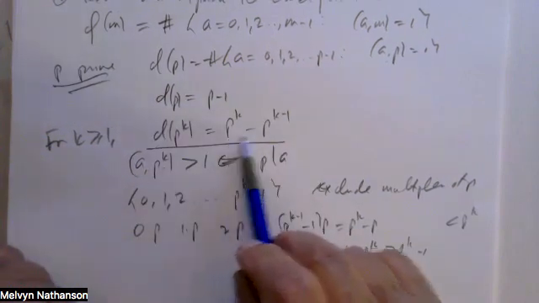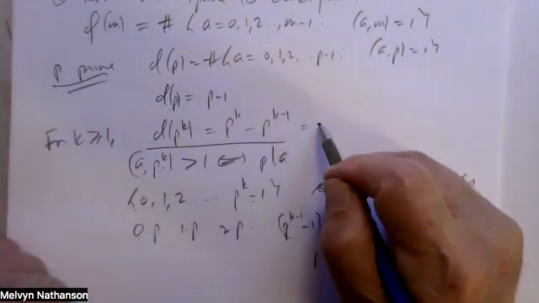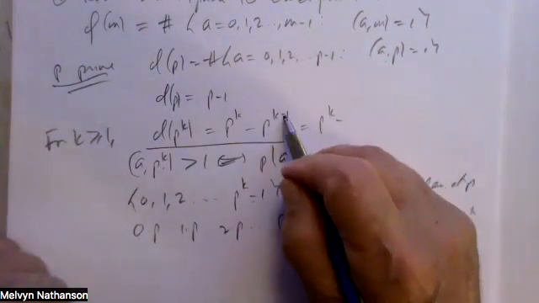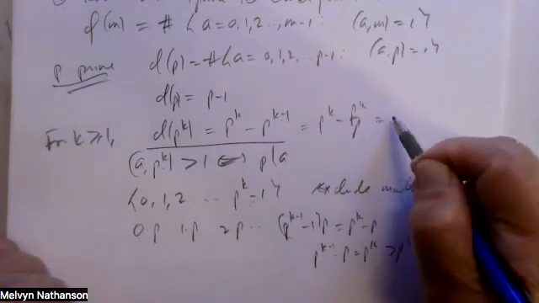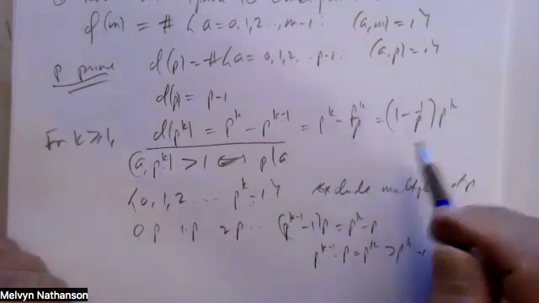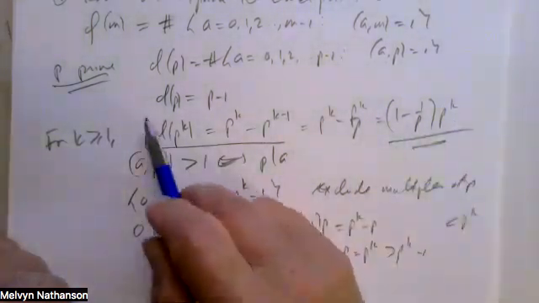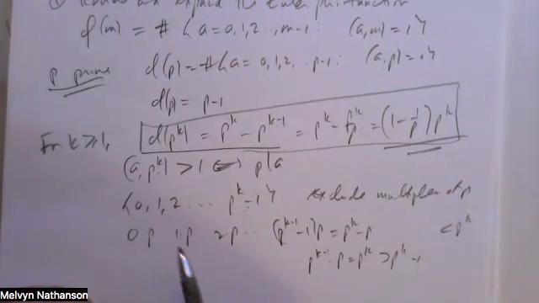So phi of p to the k is equal to this, which you could write as, since p to the k minus 1 is p to the k divided by p, if I factor out a p to the k, 1 minus 1 over p times p to the k. So these are all equivalent formulas for what phi of p to the k is.